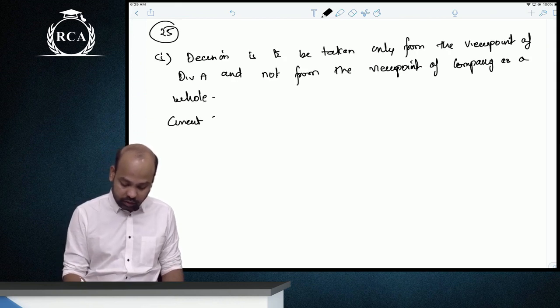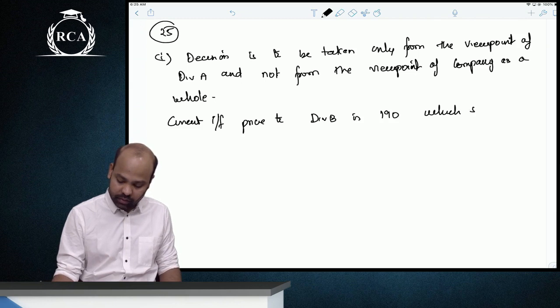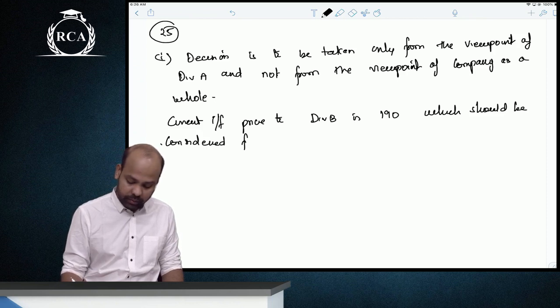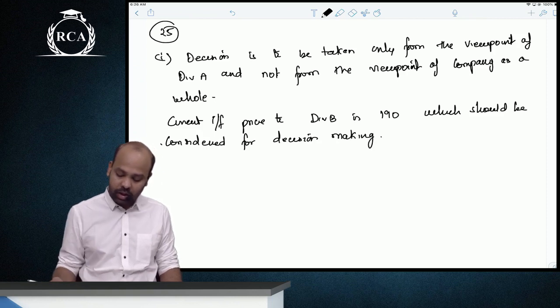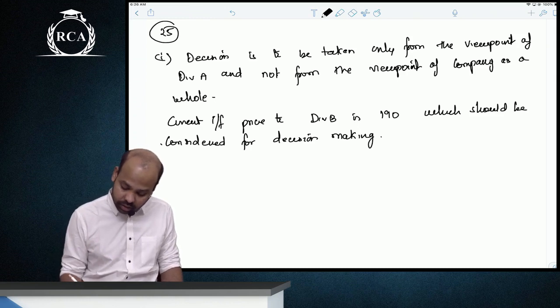The current transfer price to division B is 190 rupees, which should be considered for decision making. The current transfer price to division B is 190, which should be considered for decision making.